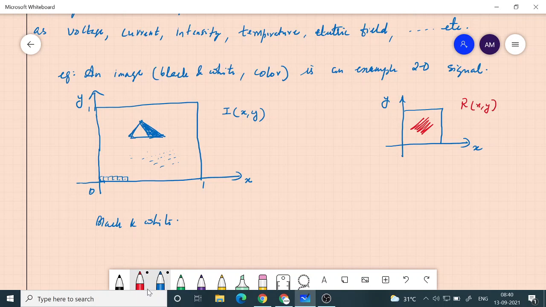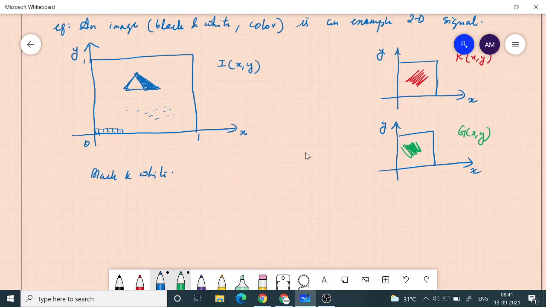So we have a red intensity, then with respect to x and y we have a green intensity, and also we have one more x and y.